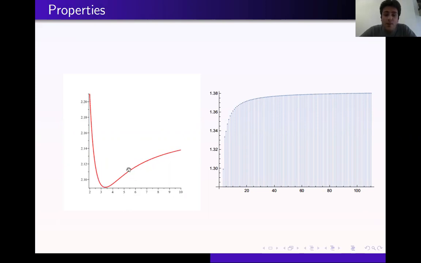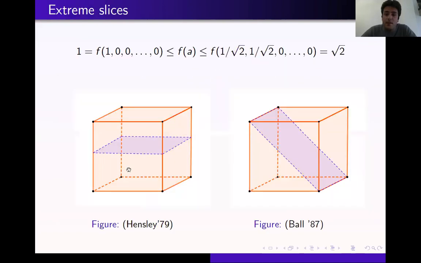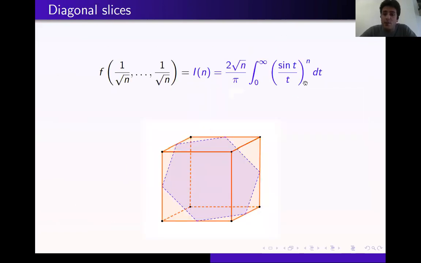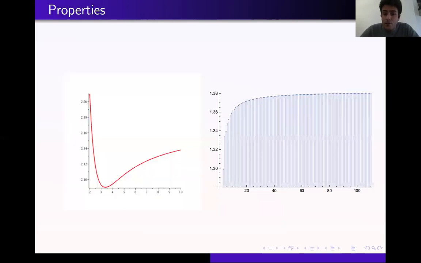This is because they were not just studying this for n a natural number, but for n a real parameter. So to say, they extended this analytically to every n strictly greater than 1, and they studied properties of such a sequence. Several of those questions are still open.